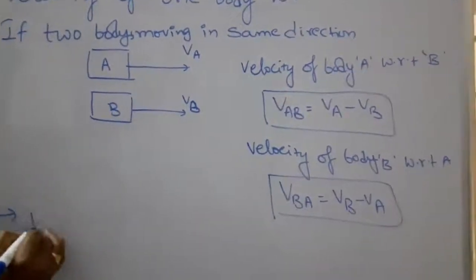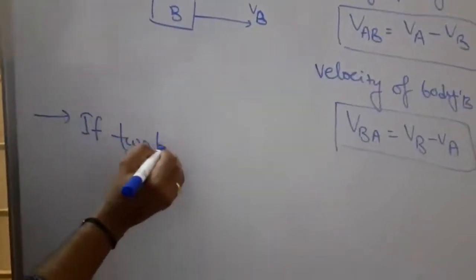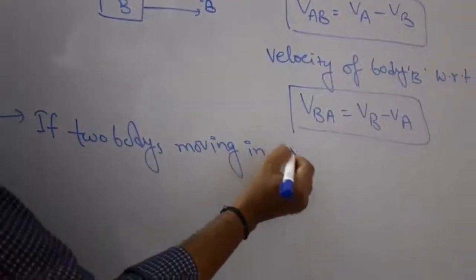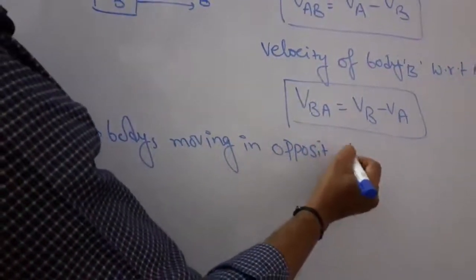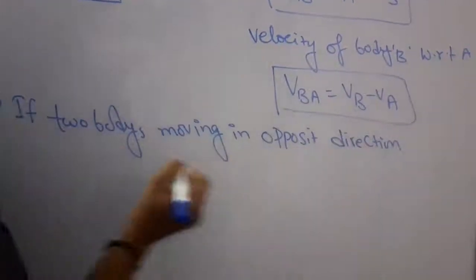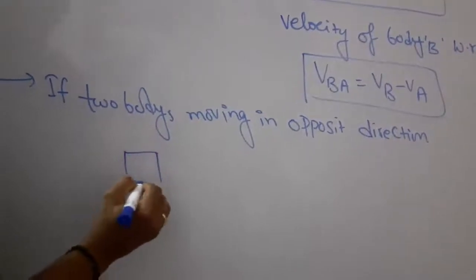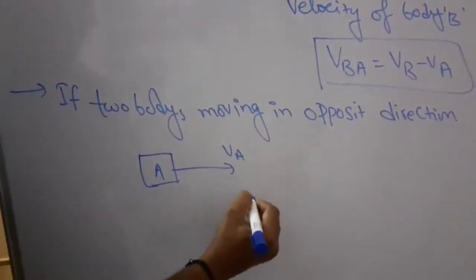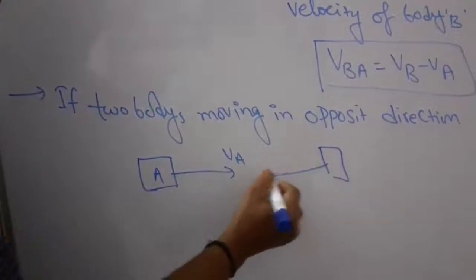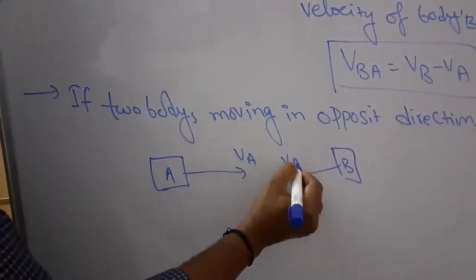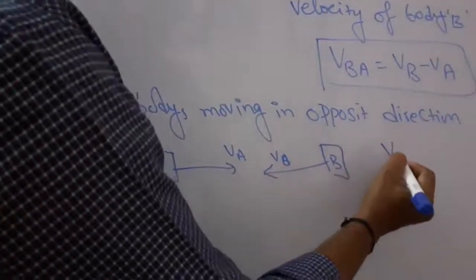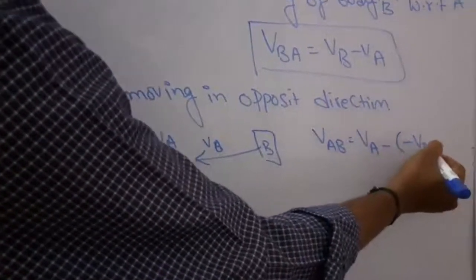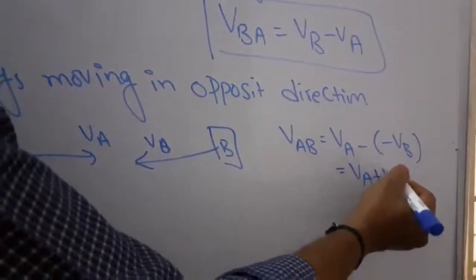If two bodies are moving in opposite direction, we find the comparison of the velocity of body A with respect to body B. So this is body A and body B, both moving in opposite directions. The velocity of body A with respect to B, that is VA minus of VB, is equal to VA plus VB.